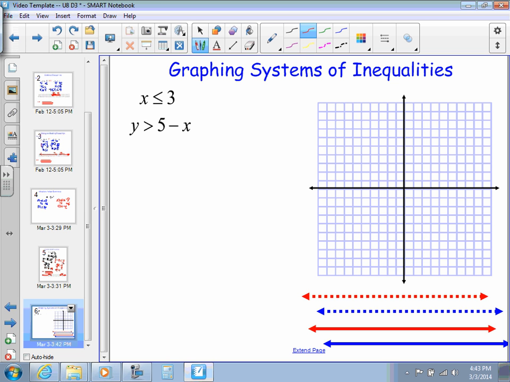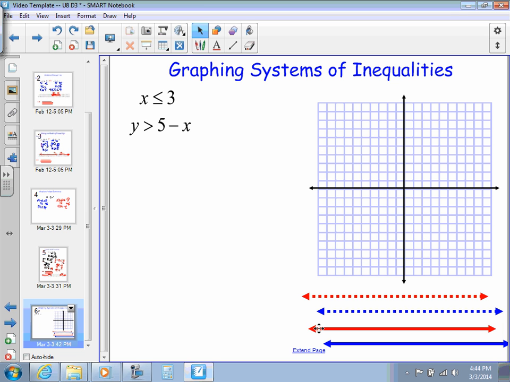Okay, now graphing systems of inequalities. Well, the first one, I don't even have to worry about putting into y-intercept form. It's just the variable is less than or equal to a number here. So I'm going to move a line, less than or equal to, it's a solid line. And this is x is less than or equal to.